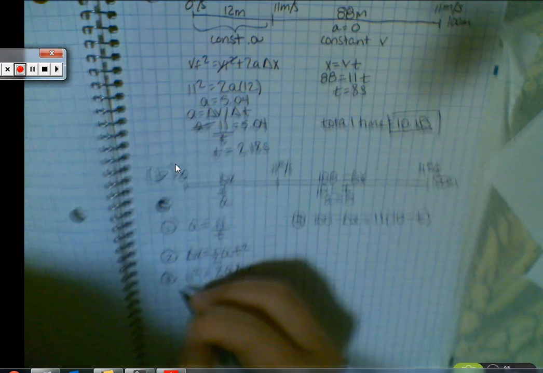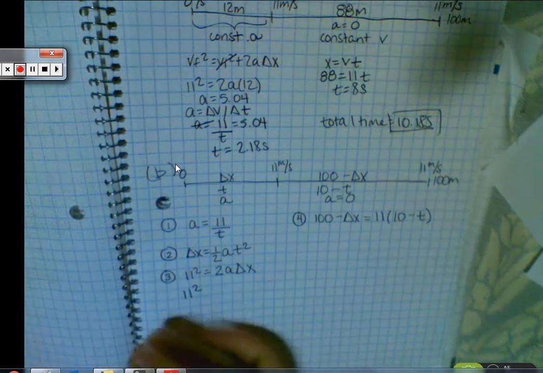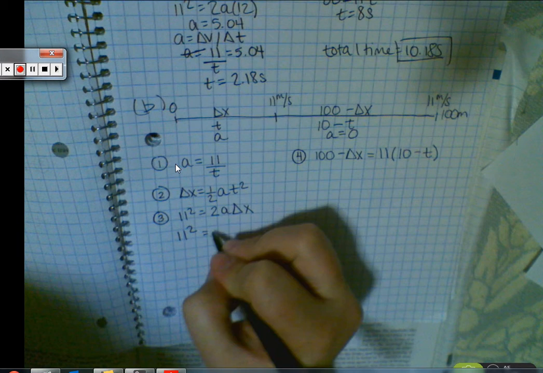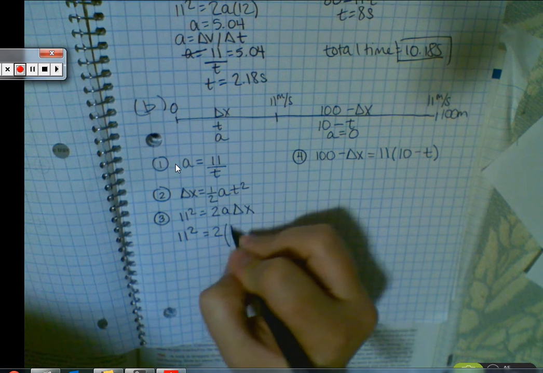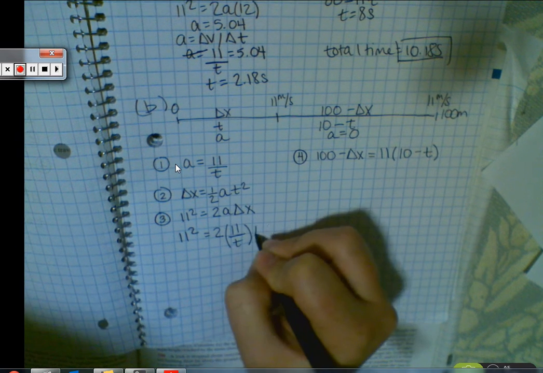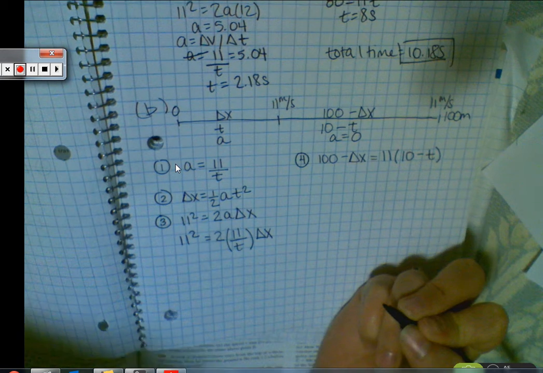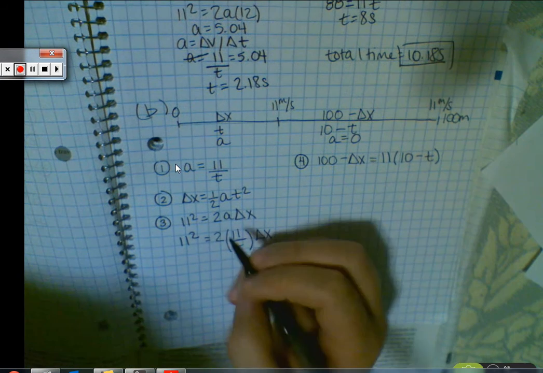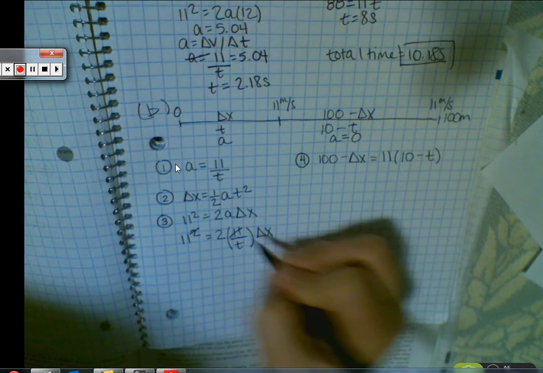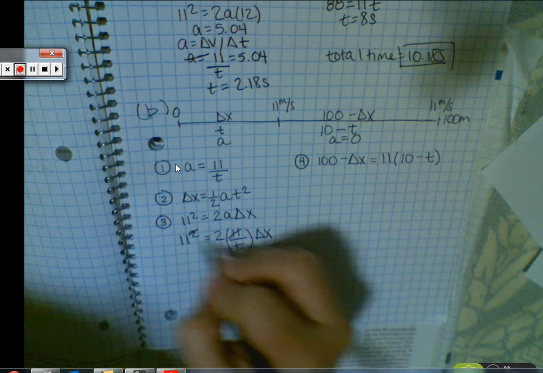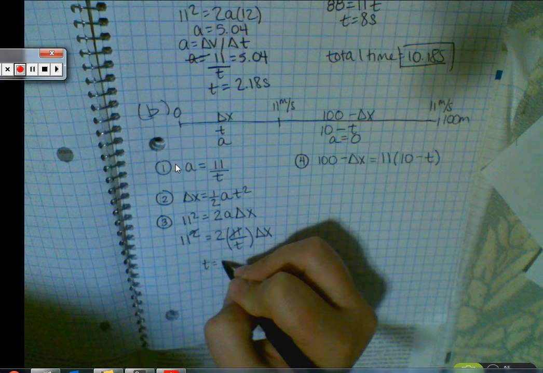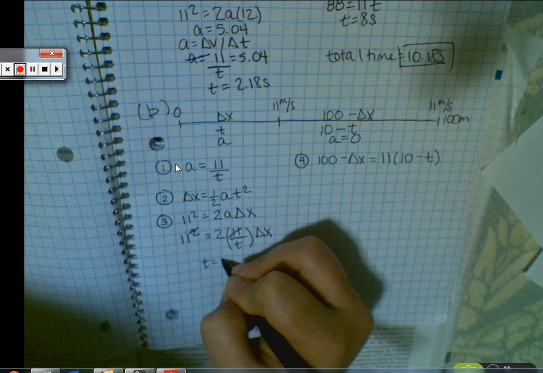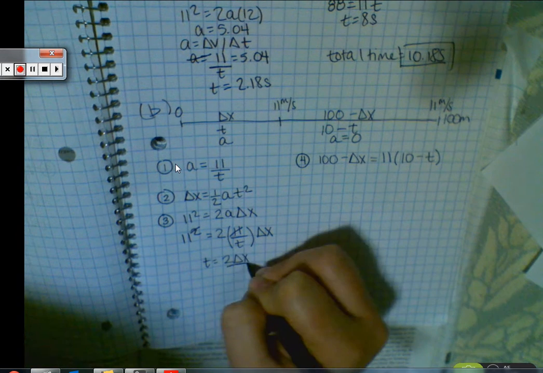So 11 squared equals 2a, and we know that a is also 11 over t, times delta x. This 11 cancels with that 11. t goes over here, 11 comes down here, so t equals 2 delta x over 11.